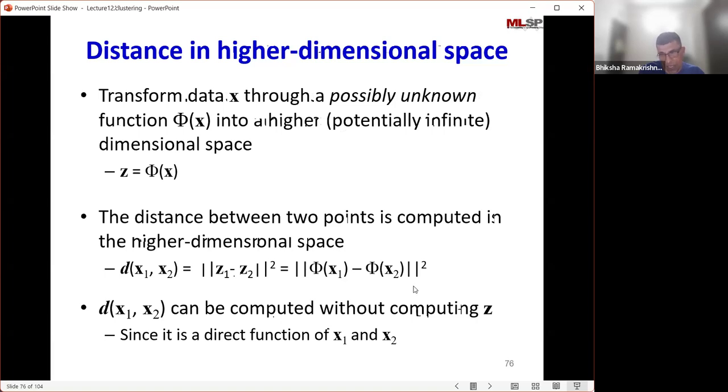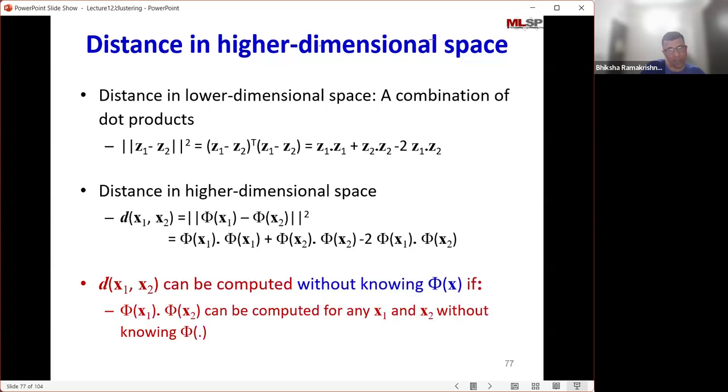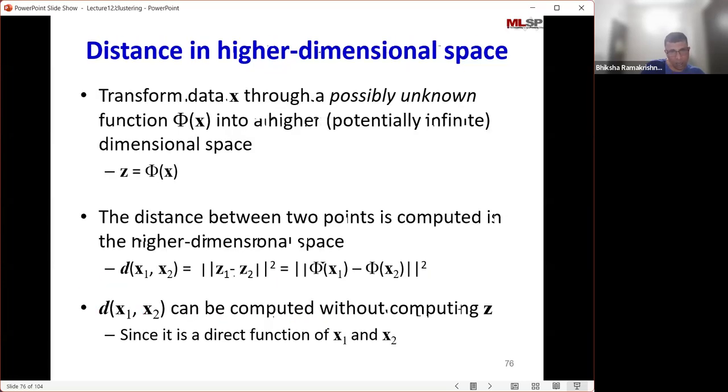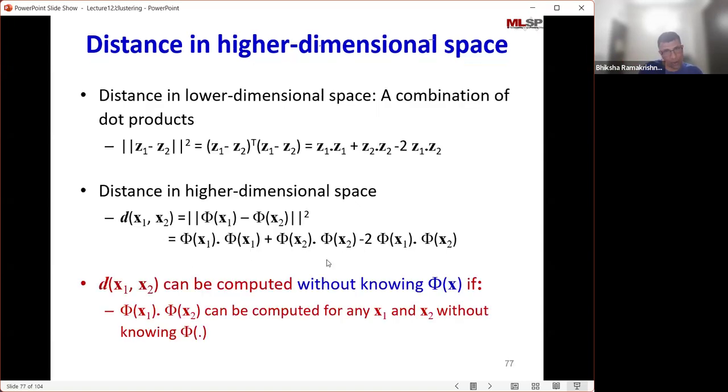I don't really need to go into the higher dimensional space. I should be able to compute d without computing phi. In fact, I don't even need to know what phi is. So this means that I can hypothesize distance functions in a higher dimensional space without knowing what the higher dimensional space is. How do I do this?